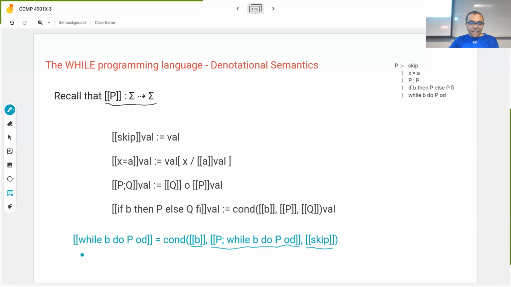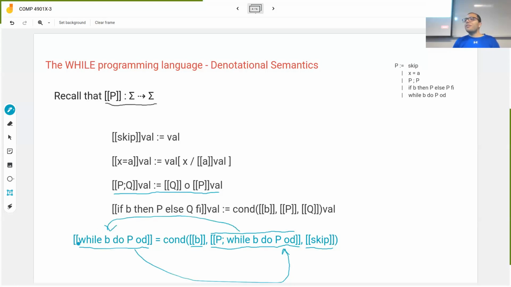I cannot say that the definition of this program depends on the definition of this program, because if you look at this definition here, the thing that I had for sequential composition, and realize that I also have a sequential composition here, I actually defined the meaning of this program based on the meaning of this one.